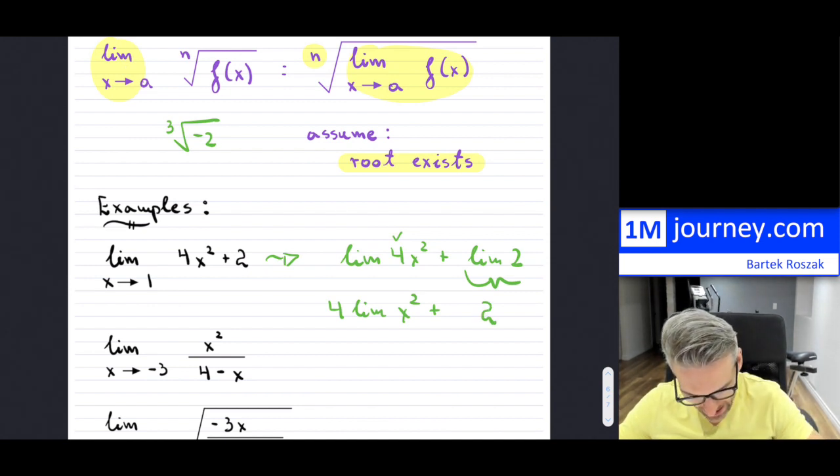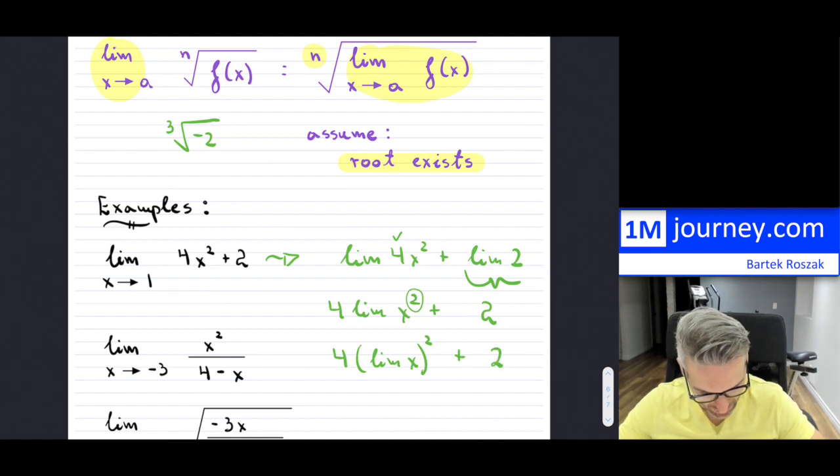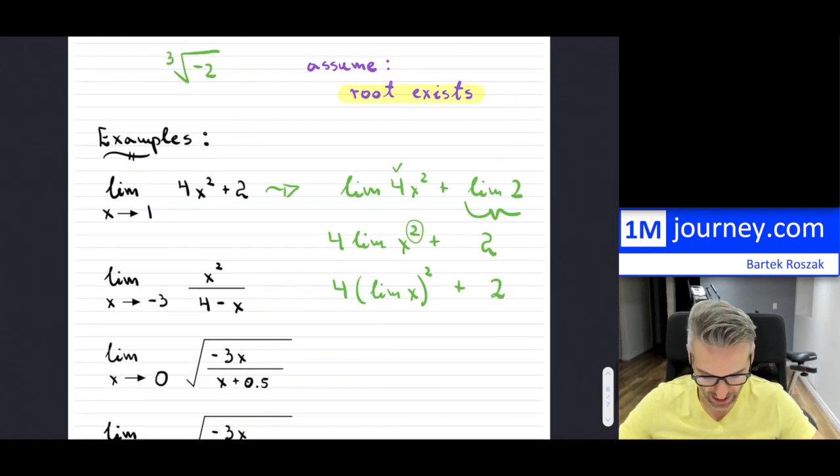And because I have an actual exponent, this is the same thing as saying 4 times the limit of x, then squared, plus the 2. That's how you would show your teachers.